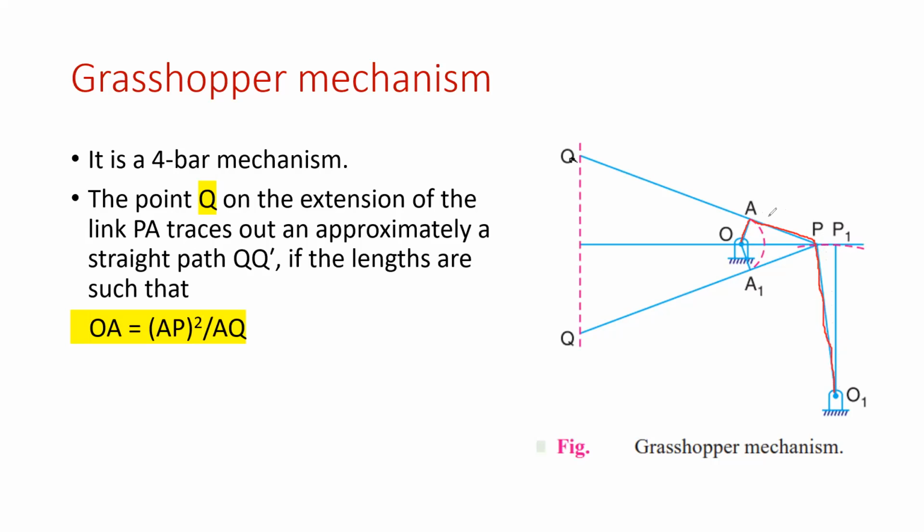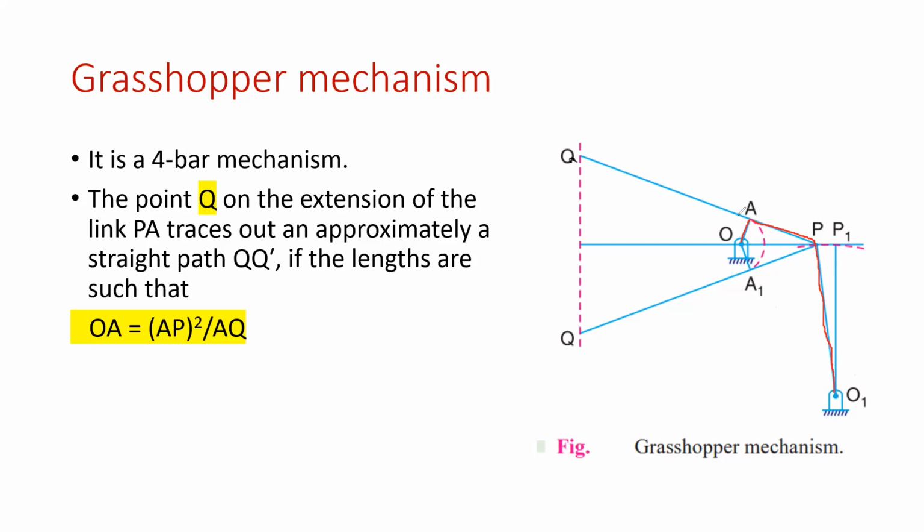So how many bars? 3 bars, and the fourth bar is fixed one. So you can consider that one end of that bar is at point O, which is fixed, and one end of that bar, fourth bar, is at point O1, which is also fixed. So it makes the 4-bar mechanism.